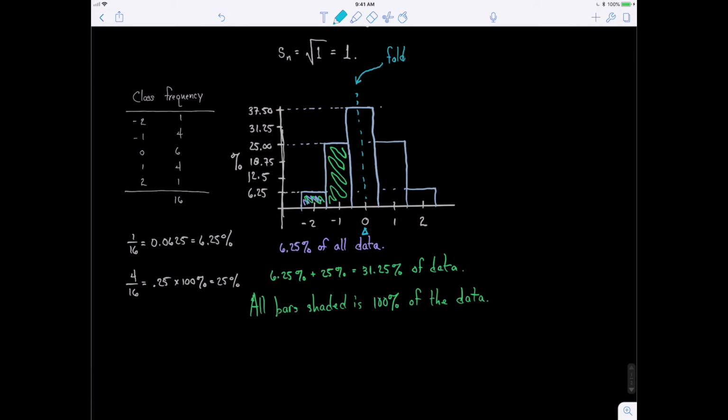Now, that's an important idea because here's what happens next. Right now, I have data that's just in whole numbers, but what if I had data that was in tenths? So in other words, within the data from 0.5 to 1.5, I would have to divide that into 10 different spaces. Well, what would happen then is I would have to break this up into these little tiny bars.